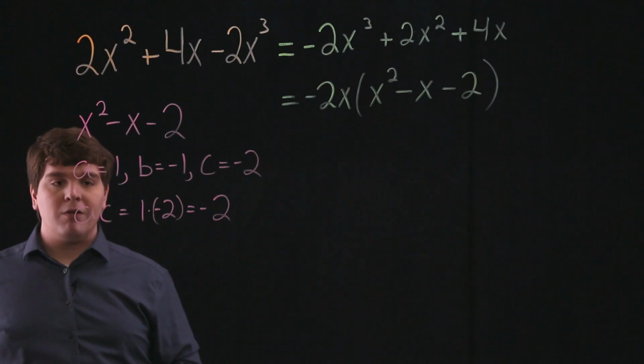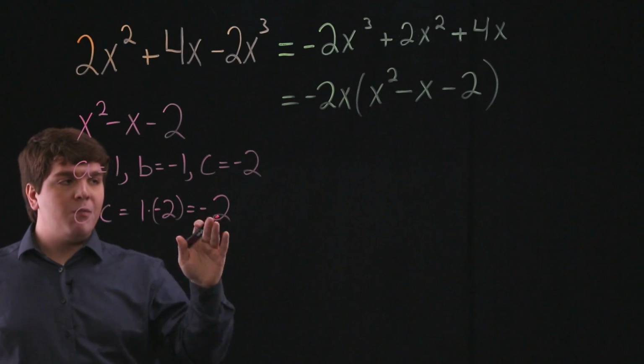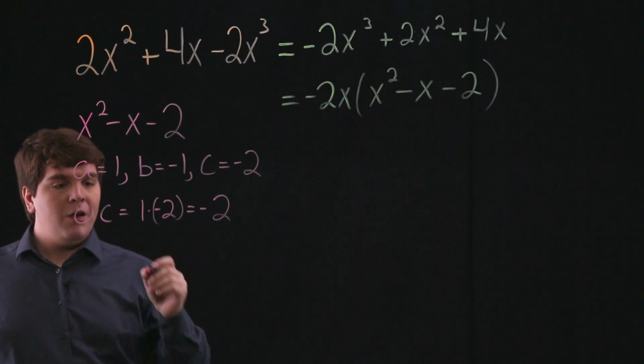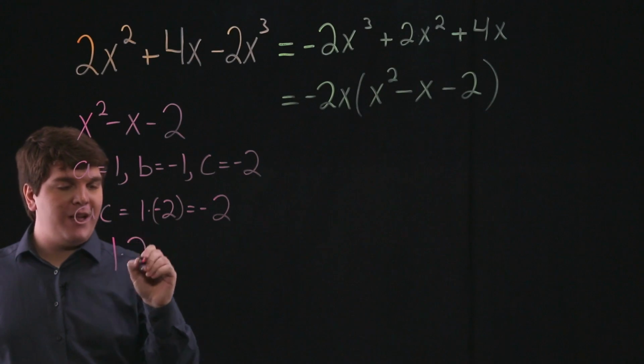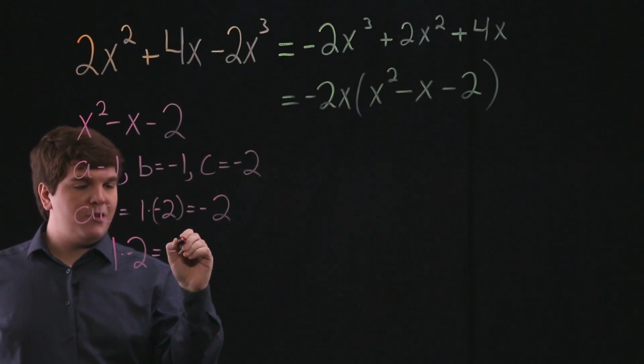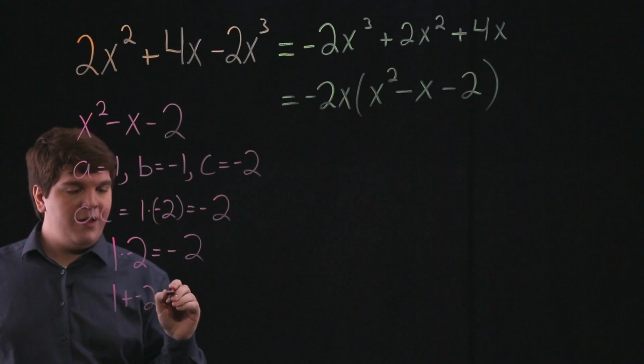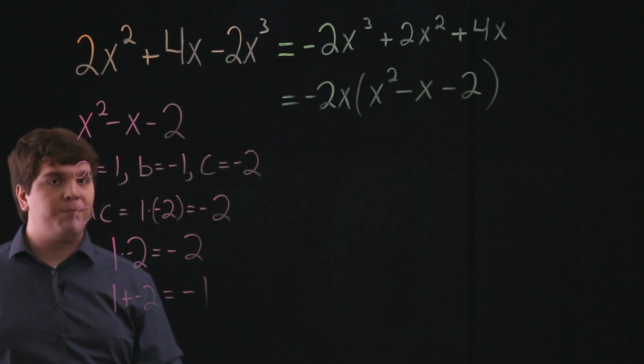And what we're looking for is two numbers which multiply to negative 2 and add to negative 1. Well, in this case, 1 times negative 2 is equal to negative 2, and 1 plus negative 2 is equal to negative 1.